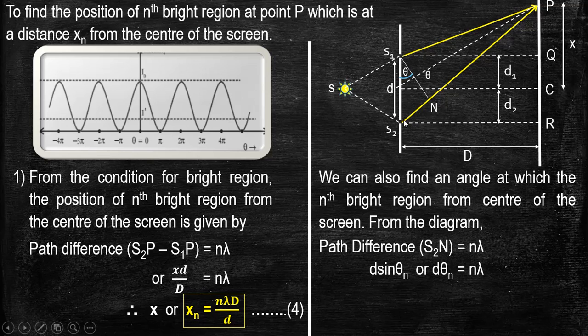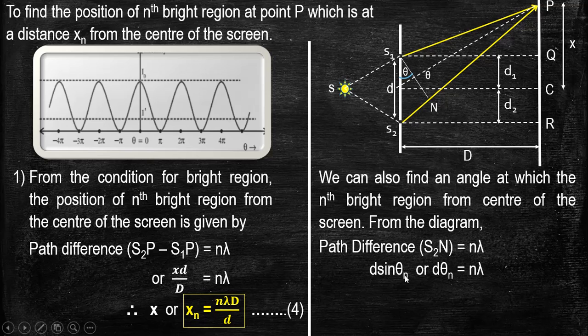So here, from this triangle S2 S1 n, this small triangle, you can see an angle at S2 S1 n, this angle is theta. Then the value of S2n, by applying trigonometry, we can find out as d sin theta n, because I can take this theta for any bright region.